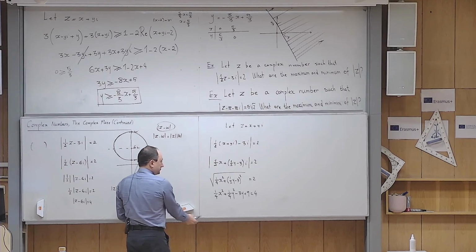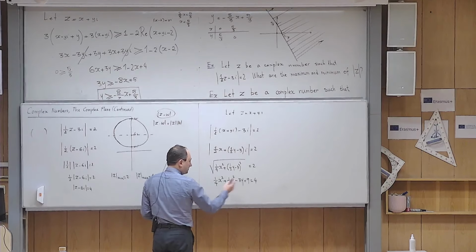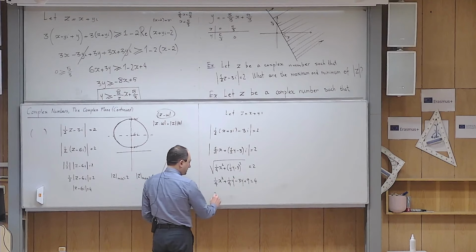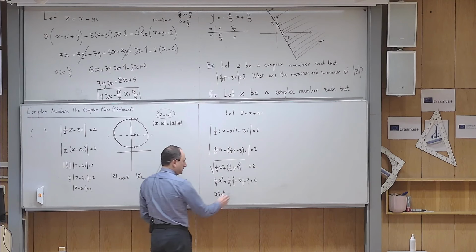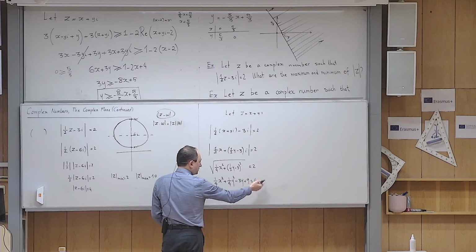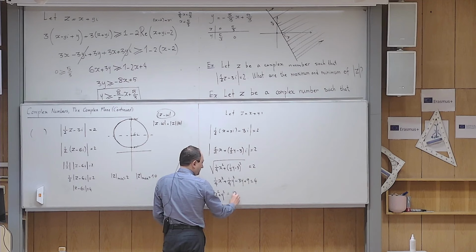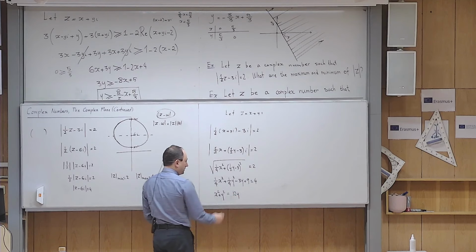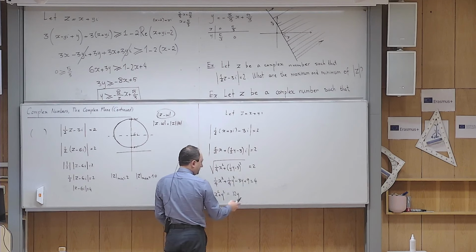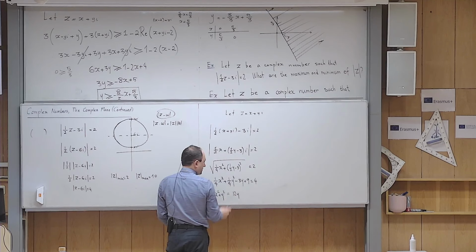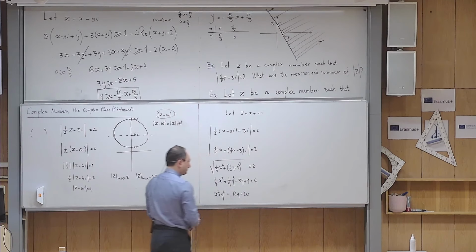Okay, so let us multiply everything by 4 to get rid of this. It becomes x squared plus y squared. Yes, and then I move this to the other side, multiplied by 4, it becomes 12y. And then, of course, I multiply that by 4 as well. So it becomes 16 minus 36 is minus 20.